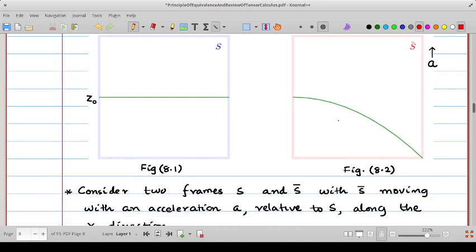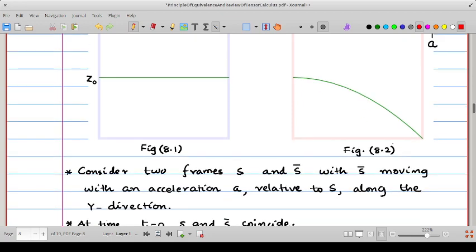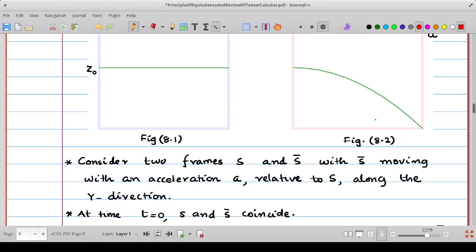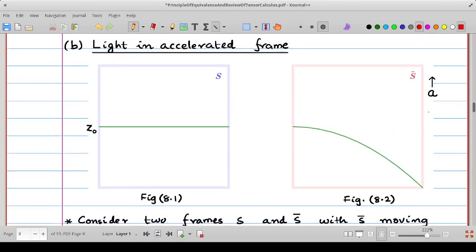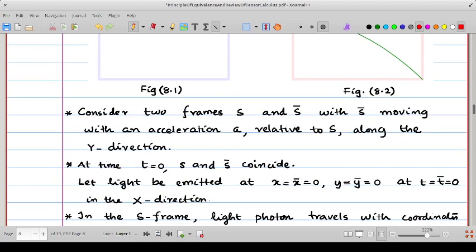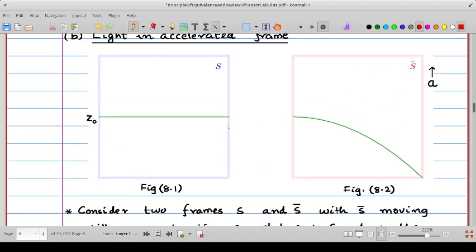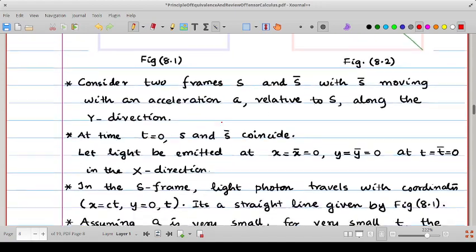And in the frame S bar, x changes as c t bar, but y bar is equal to minus half a t bar square. So this goes like this. So we see that the trajectory of light as seen from a uniformly accelerating frame of reference moving along the y-axis with acceleration a is in fact curved, whereas in the frame of reference S it is straight.